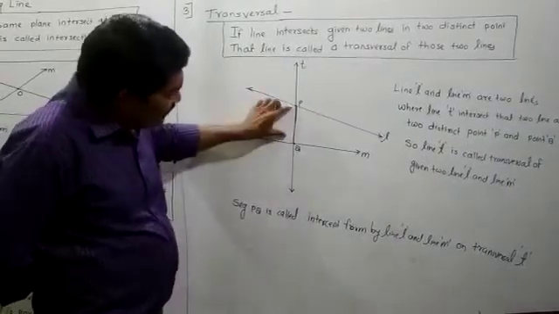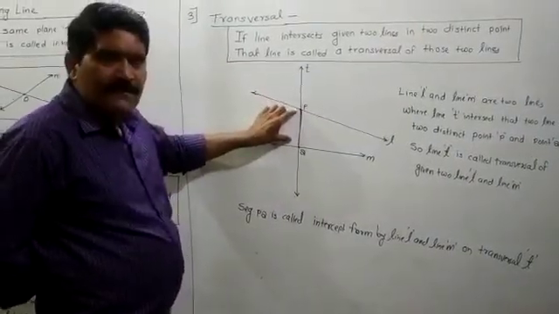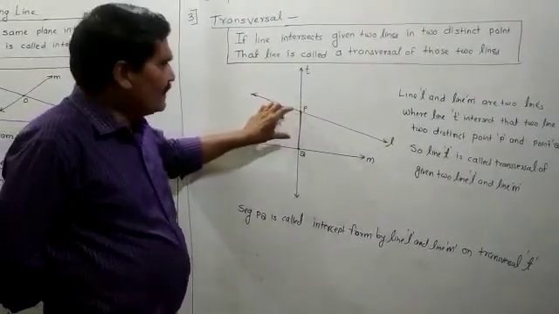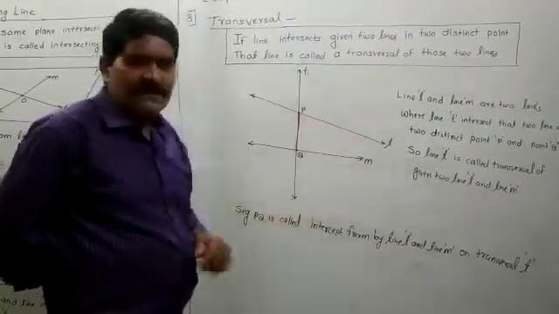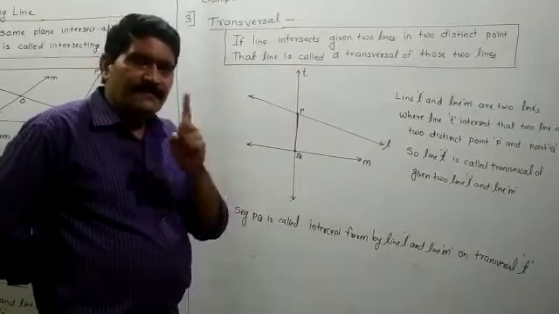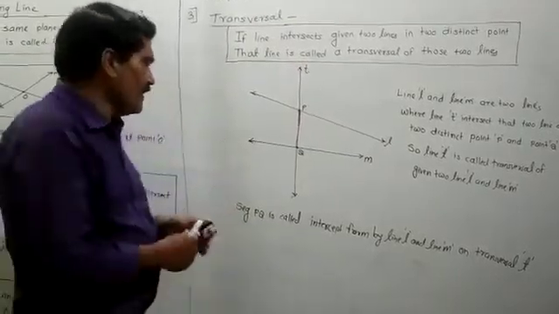This segment PQ is called the intercept formed by lines L and M on transversal T. Once again I will repeat what is the meaning of intercept.